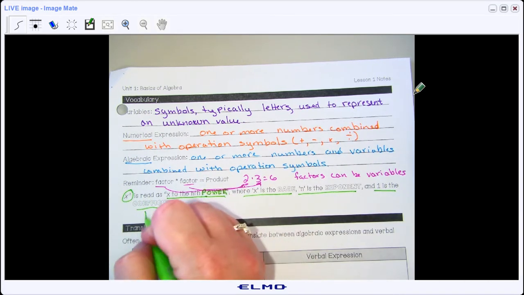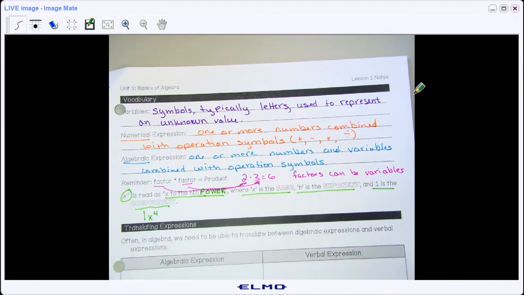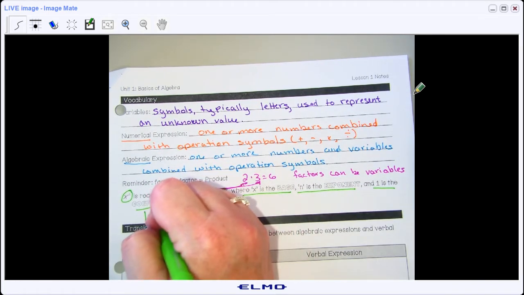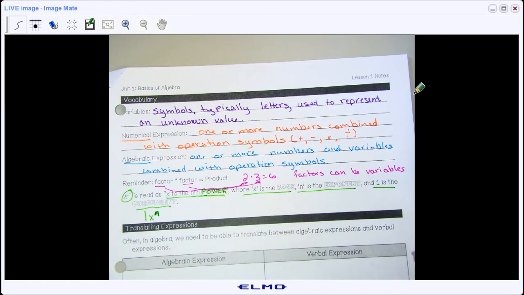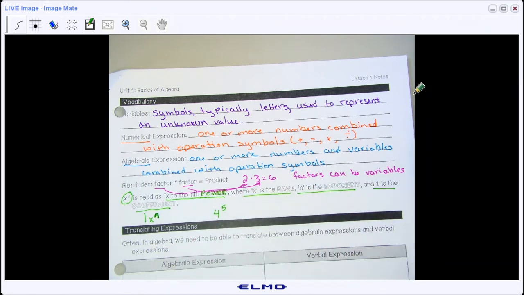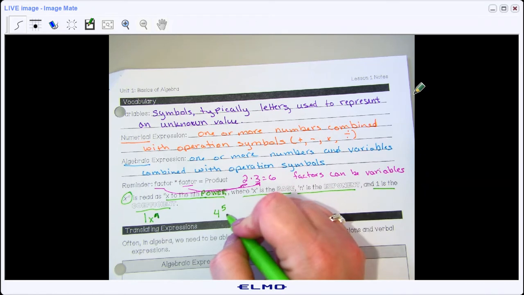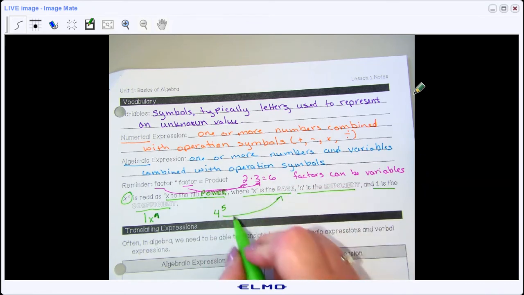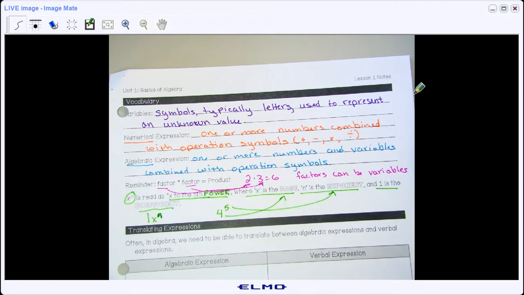It really is 1 times x to the nth power. Bases can also be numerical. So for example, 4 to the 5th. So 4 would be your base. 5 is your exponent. So bases and exponents can be numbers or they can be variables. Okay.